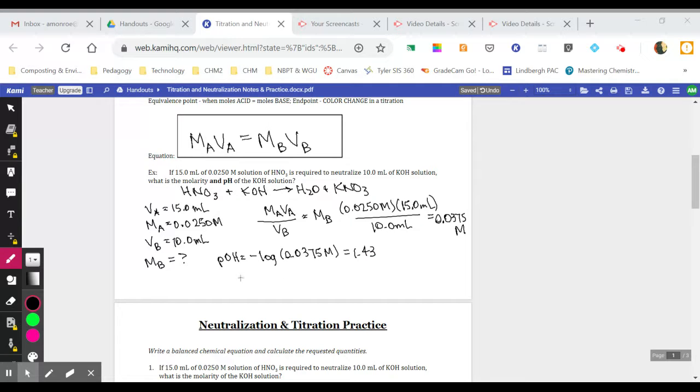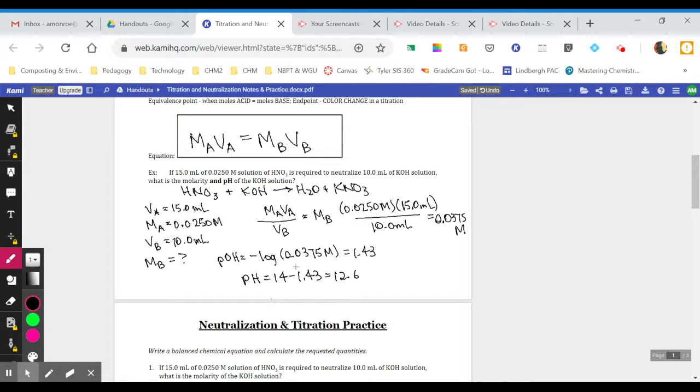Then if we wanted to find the pH, we have to remember that pH plus pOH always equals 14. So if we do 14 minus 1.43, we end up with 12.6-ish.